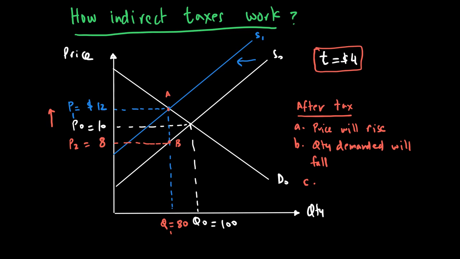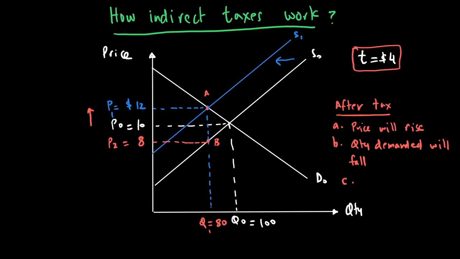In fact, we say that this distance, P1 minus P naught, is what we call the per unit consumer burden. How much of the $4 tax is the consumer paying?